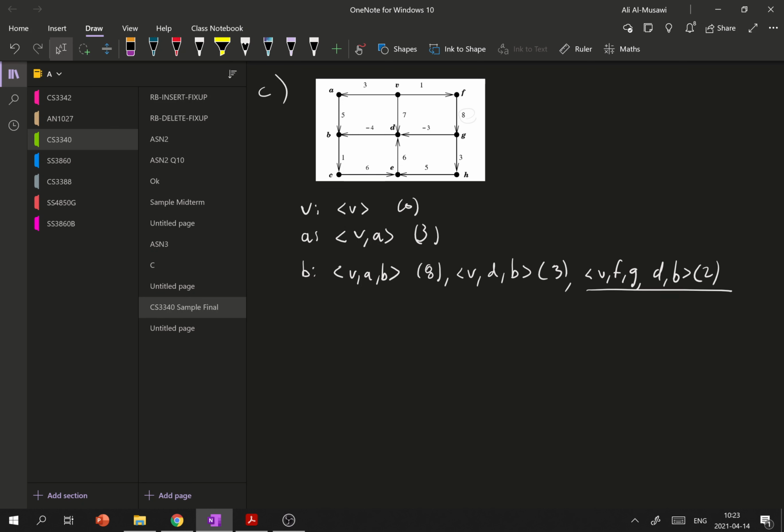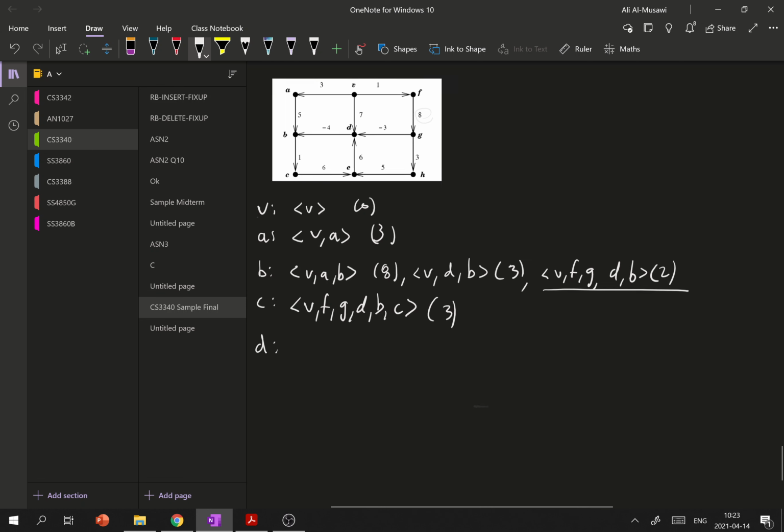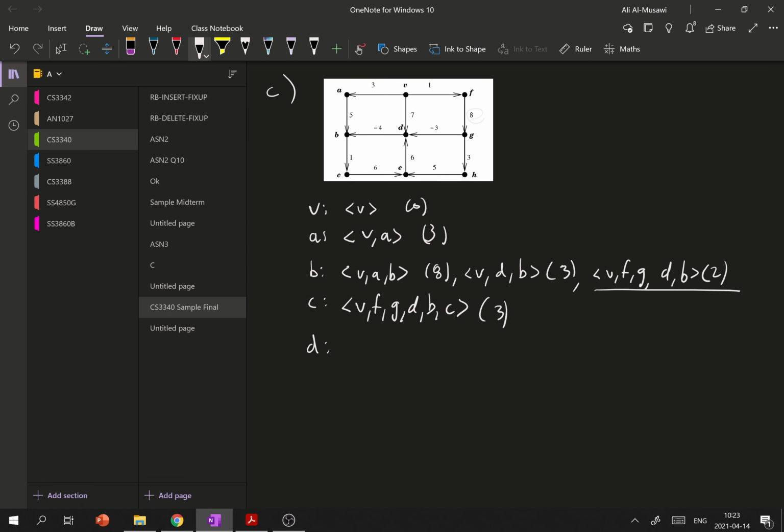Okay, now next is C. To get to C, it's got to be through B. But I already know the best path to B. So V, F, G, D, B, C. Cost is 2 plus 1, 3. What about D? Notice I already have the best path to D, which is the one to get to B, right?